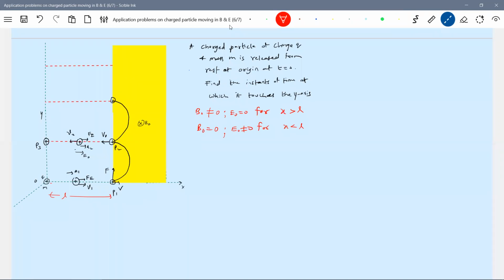Like that, it will keep on happening. How long? As long as the magnetic field is present. Here it is better to show the arrow like this. It will retrace the path. So P1, P2, call this P3.